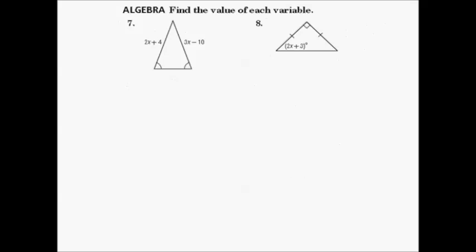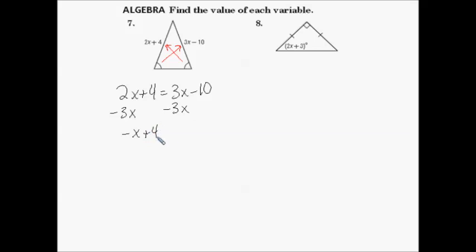Okay, so these angles are the same here and here. And that tells me that these sides are the same. So I set them equal to each other. Okay. Subtract 3x from both sides, or subtract 2x from both sides.